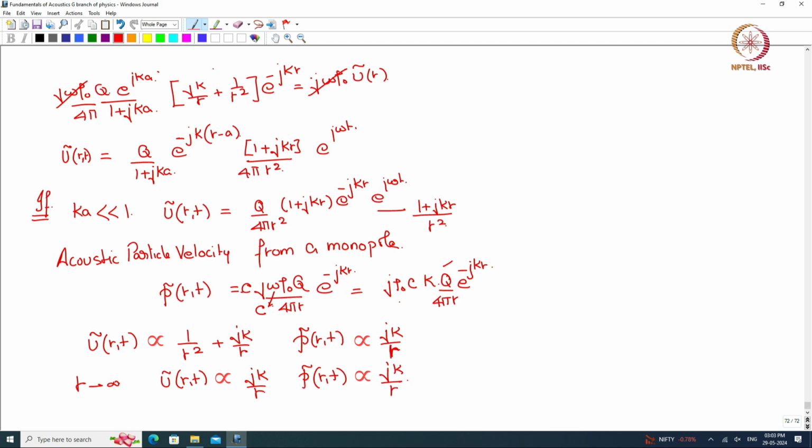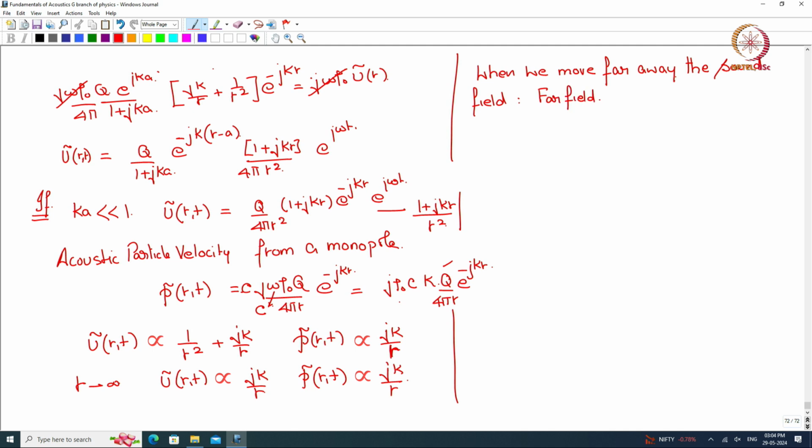And therefore when we move far away, the sound field is called the far field, far away from the source.